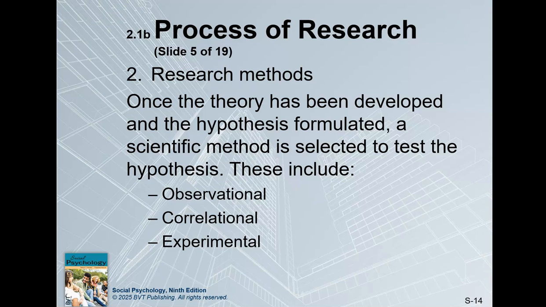Okay, so going further, research methods. Once the theory has been developed and the hypothesis has been formulated, a scientific method is selected to test the hypothesis. So that includes building a hypothesis that can be the result of your observations. It can be talking about the relationships between items.